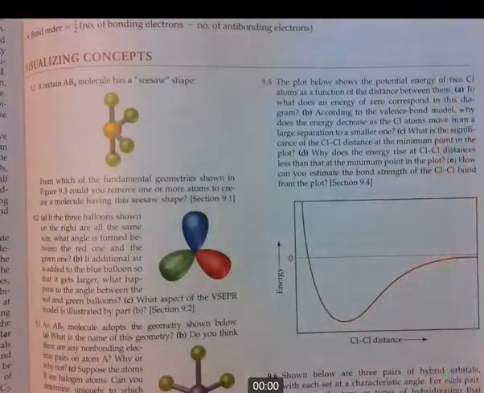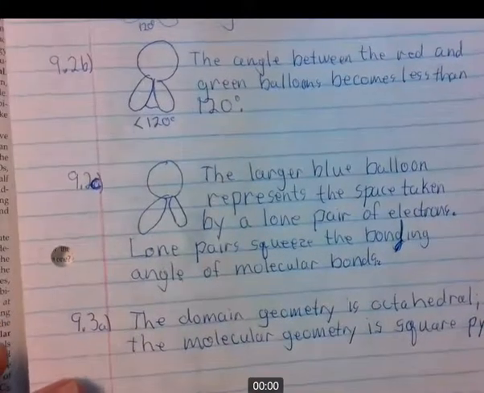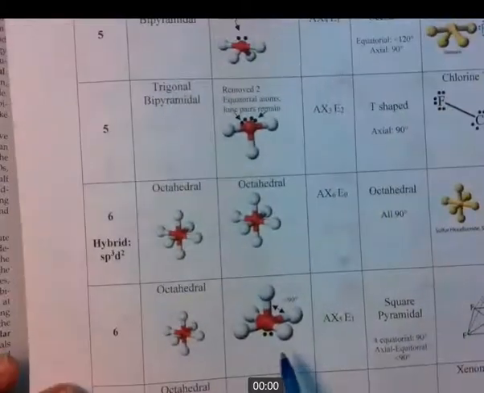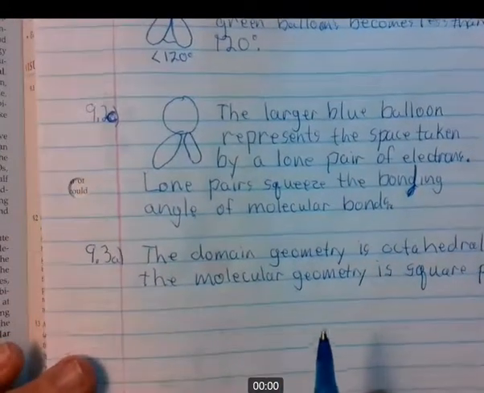We go on to B. Do you think there are any non-bonding electron pairs in A? Well, yes, and you guys have a nice chart to use as a reference. So yeah, you have one non-bonding pair.